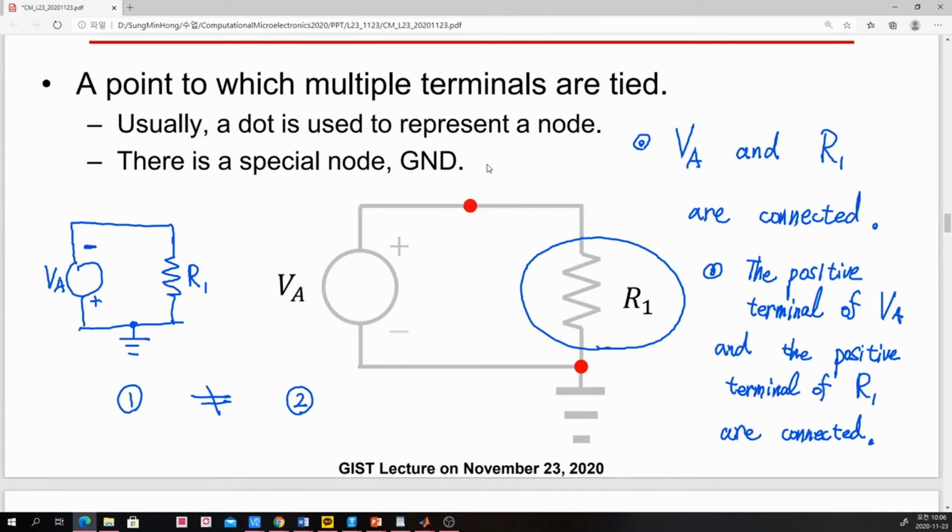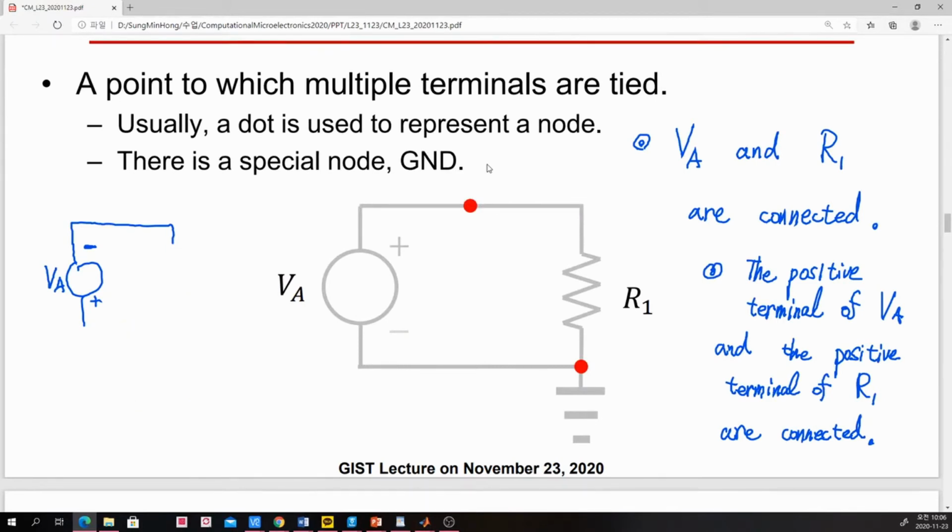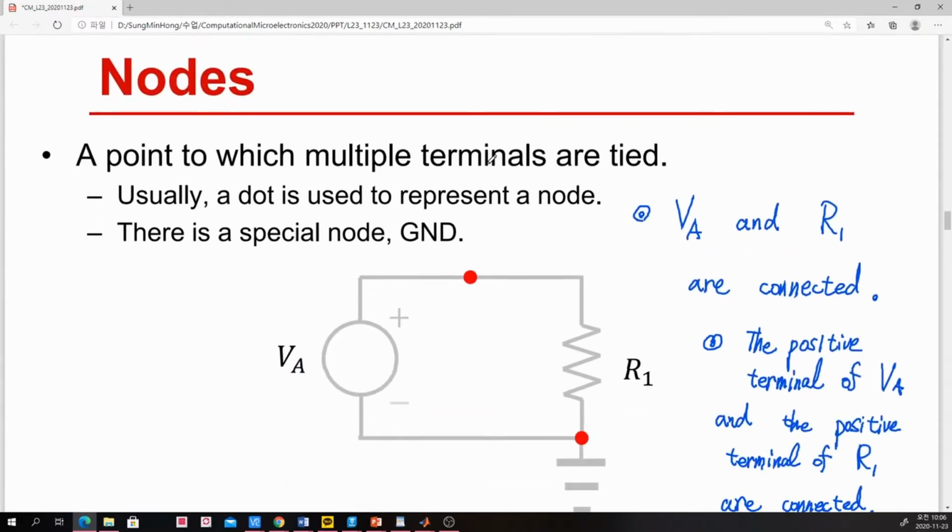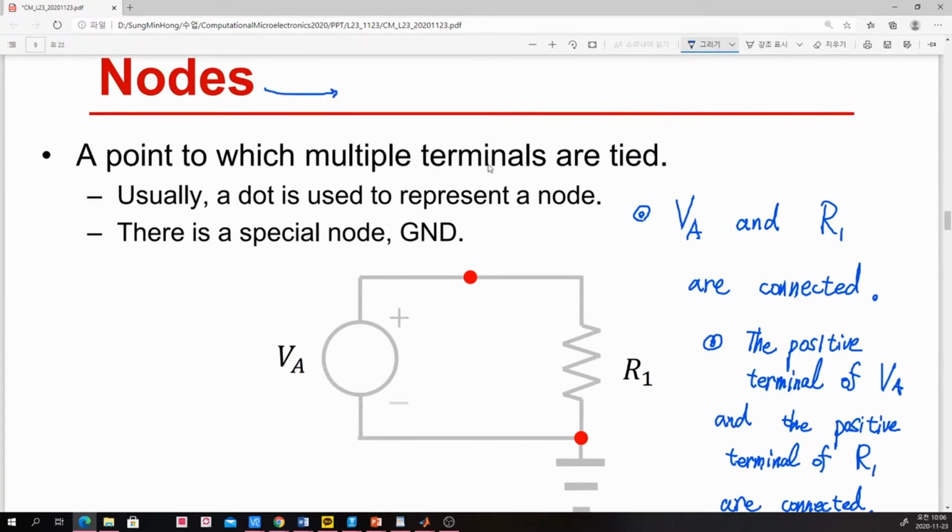So that's the reason why we now define a certain thing called a circuit node. Please note that this node is sometimes used in device simulation as something like a vertex node.